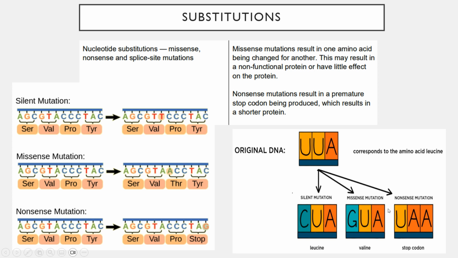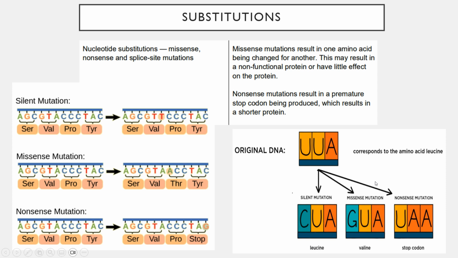Here you can see some examples of this in the diagram. So there is redundancy within the genetic code, and that gives us some protection from these types of mutations. So in the first example, the U nucleotide base is swapped for a C, but because of that inbuilt redundancy, both of these sequences still code for the amino acid leucine.